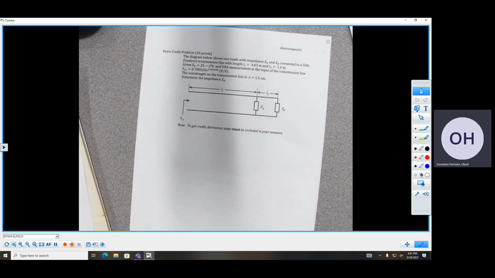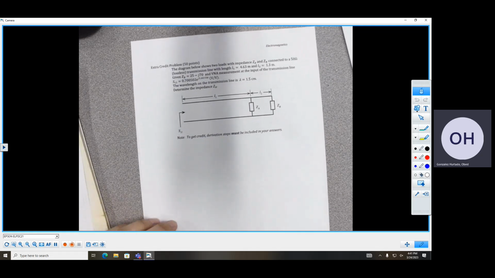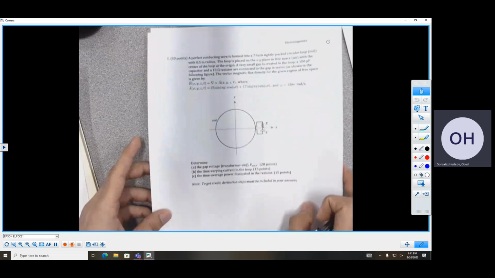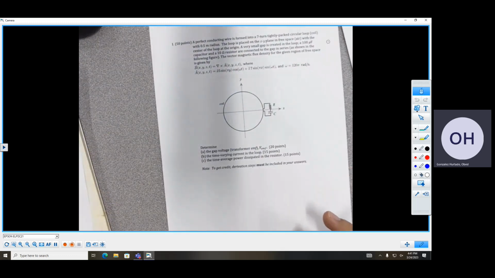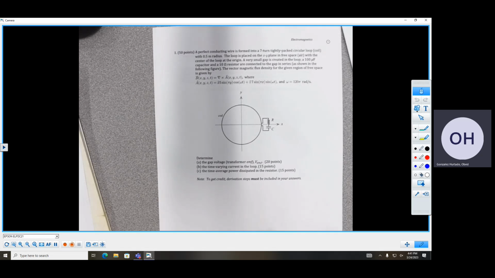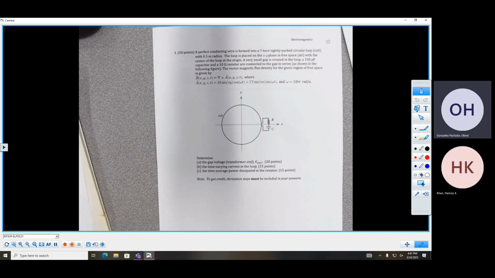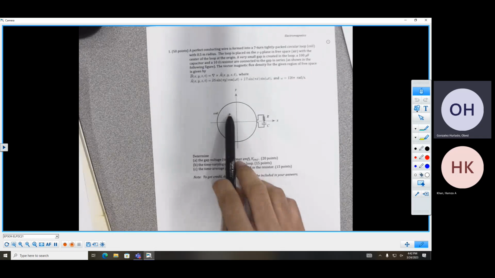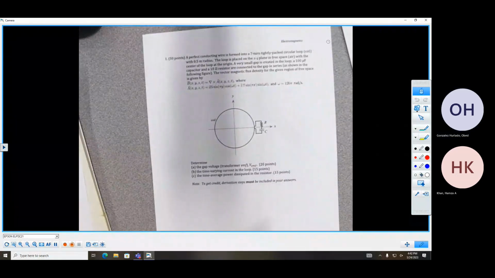Oh, we got over time. Next question should be something similar to this. Maybe he'll change up the shape. Probably won't be a circle, because there's been a circle twice already. Hopefully it's not so weird. It could be square.